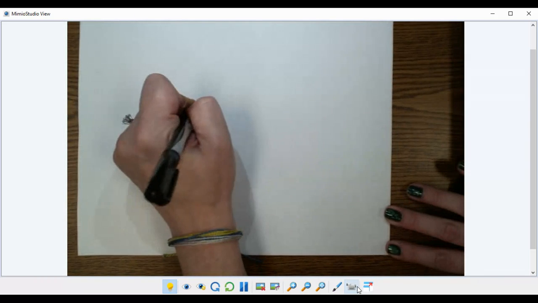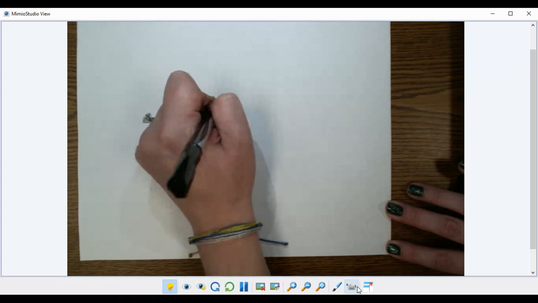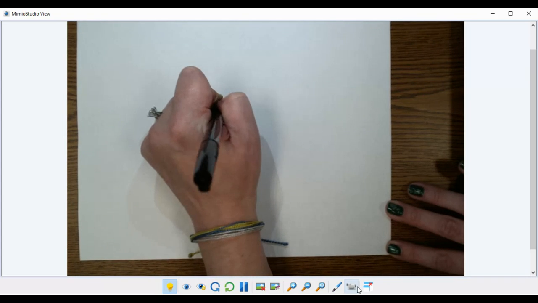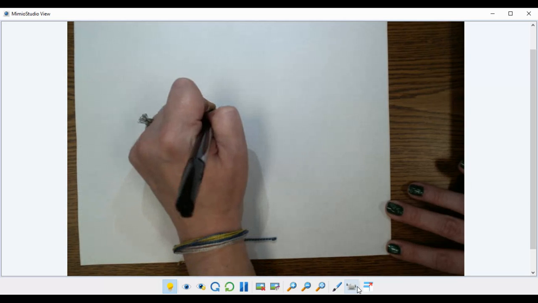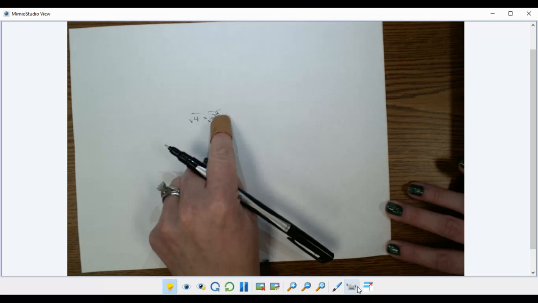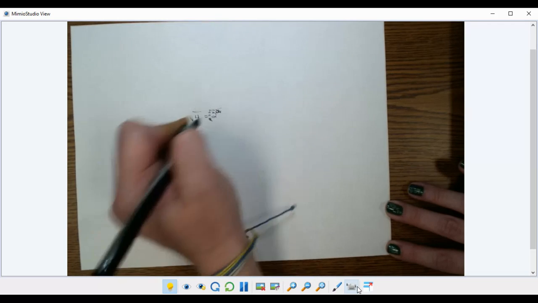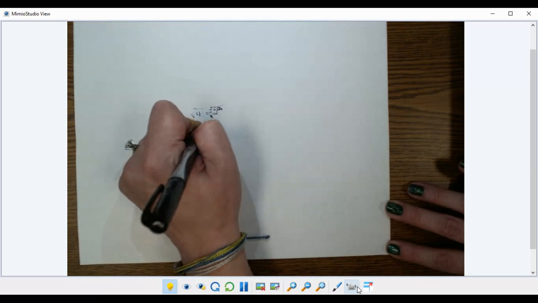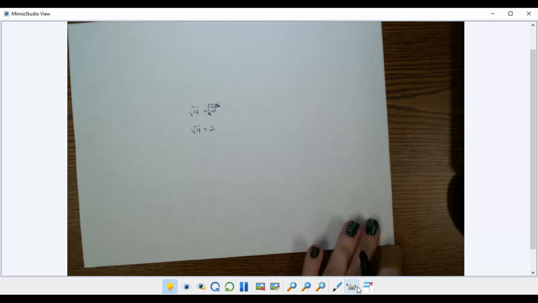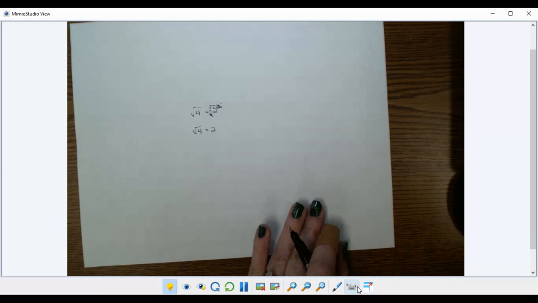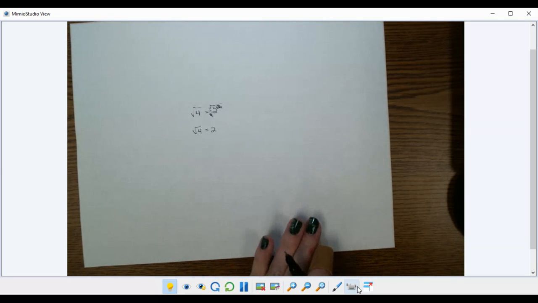So I'm going to flip this over for a second. So think about square root, okay? You know that a square root, or maybe you don't know and you're about to find out, undoes a square, right? So if I have 2 to the second power, we say that's 2 squared. This square root undoes that square, so the square root of 4 is 2. Now, you've just learned about positive and negative numbers. There's actually 2 answers for that.